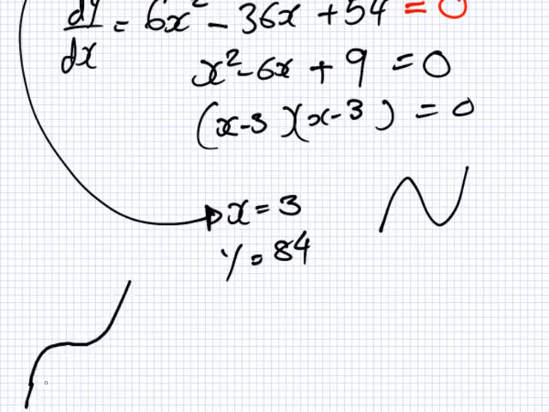So where do you think the turning point is on this graph? There, is it? Right, exactly there. The turning point is right here, because if you draw a tangent line here, this is where it's flat.